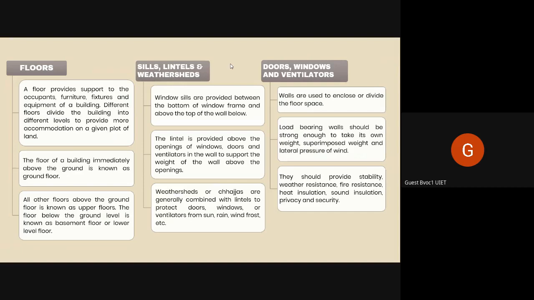Sills, lintel, and weather sheds are basically elements that surround your doors and windows. All these three things are constructed together, but they have very different functions and very different structures. Now, a window has four edges, correct? Yes, ma'am. It has four faces on the wall, with the frame fitted in between.